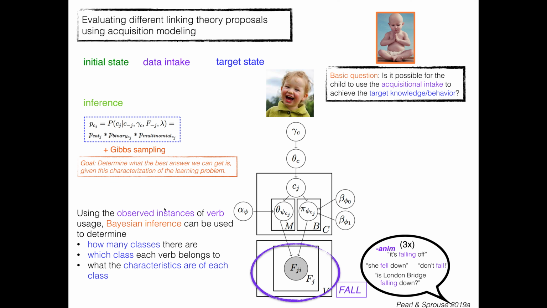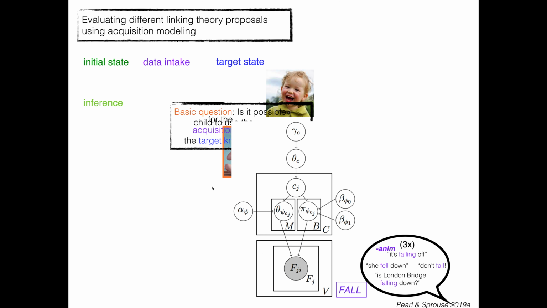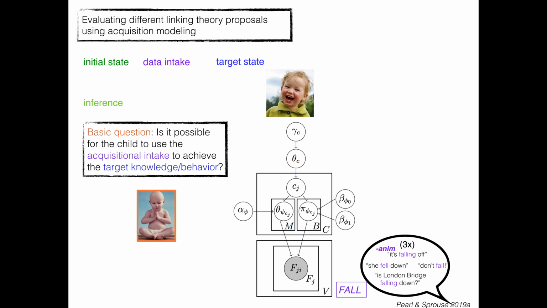So the goal is to determine what the best answer we can get is, given this characterization of the learning problem. You use this information in this way, and this is how it generates the observed data. What's the best answer for what verbs belong to which classes and what the characteristics of those classes are? Tell me. Okay. Our basic question, right? Is it possible for the child to use that acquisitional intake to achieve our target knowledge and behavior?